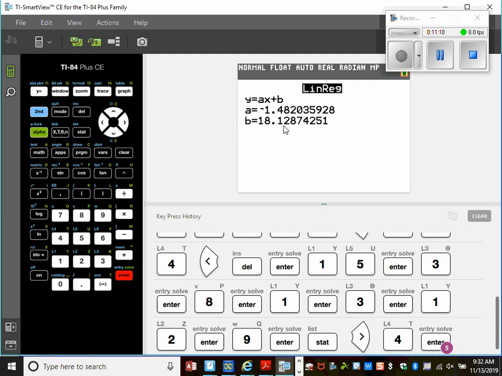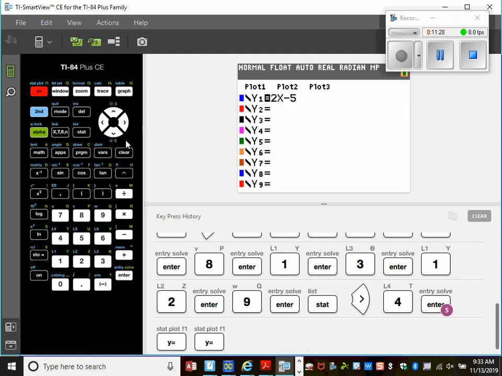Okay, we don't need to go any further than that. So just round to the hundredths. So once you have that written down, okay, once you have the negative 1.48x plus the 18.13, hit your y equals key. And now we're going to type that into here.